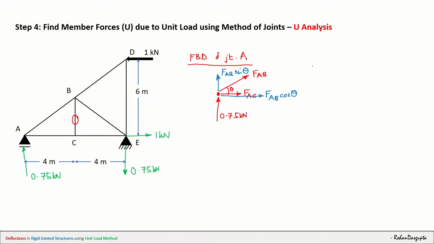Let's start with summation of Fy equals 0. Let me assume the vertical direction as positive.